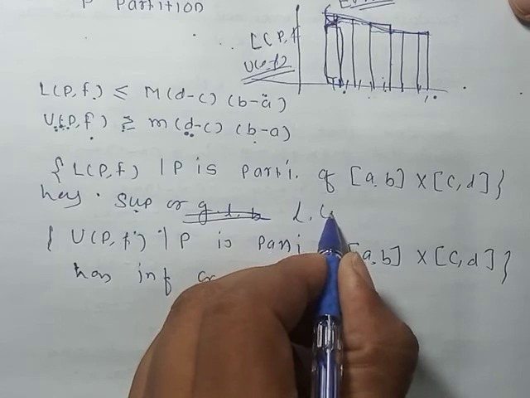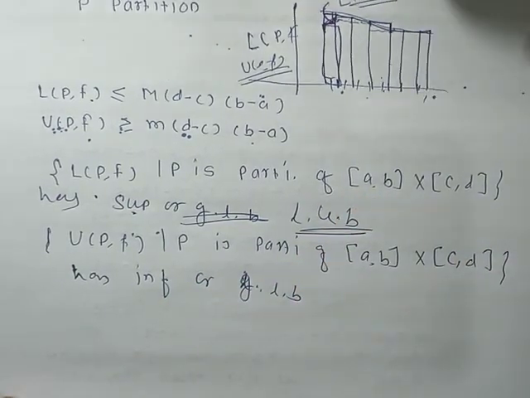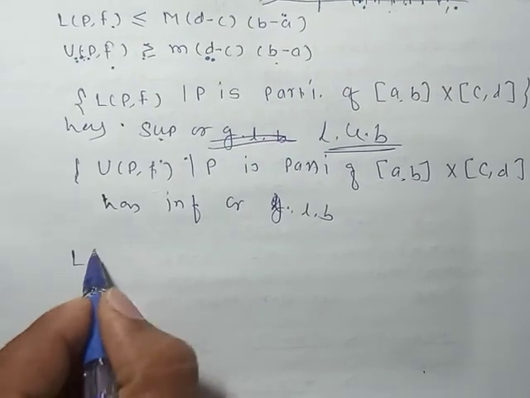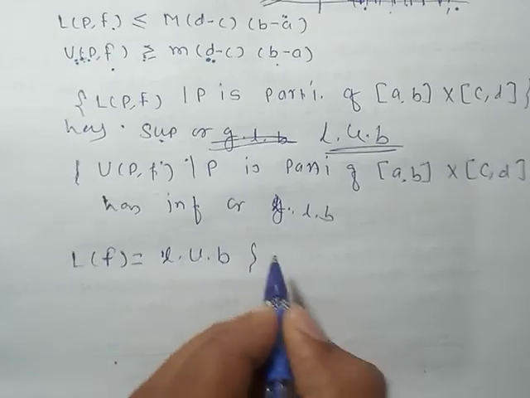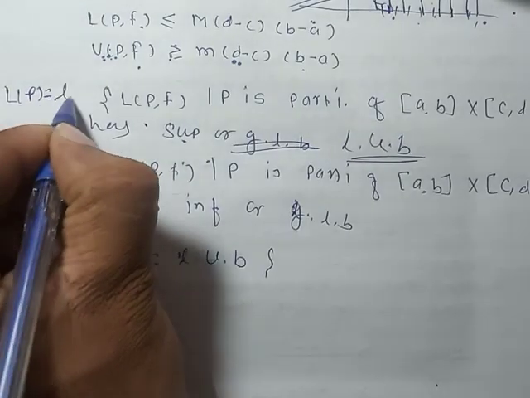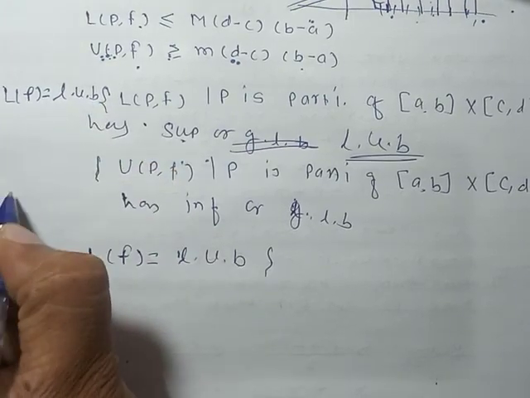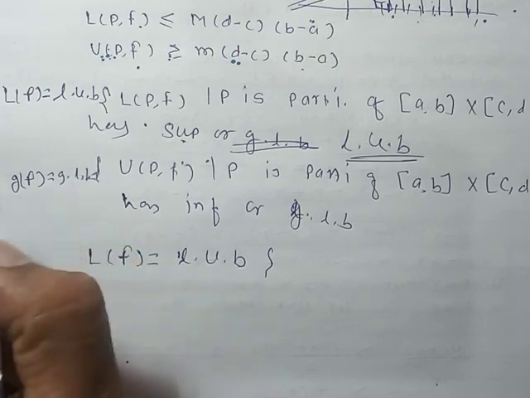So let's define L of F as the least upper bound of the set of lower sums, and U of F as the greatest lower bound of the set of upper sums.